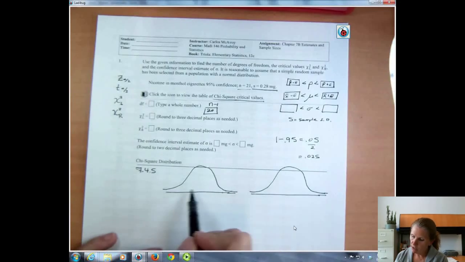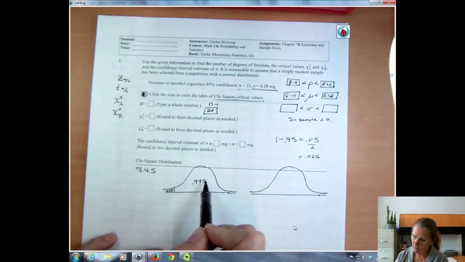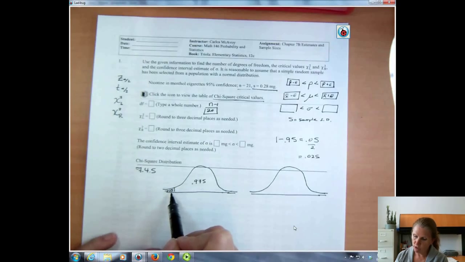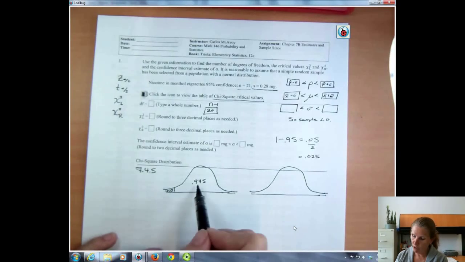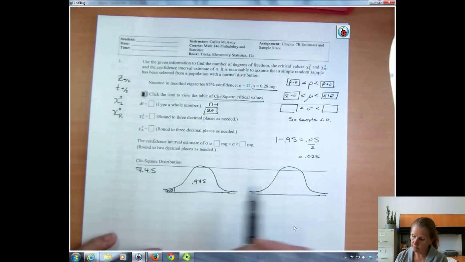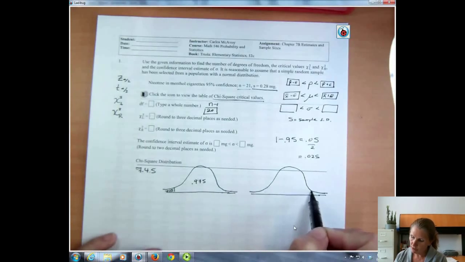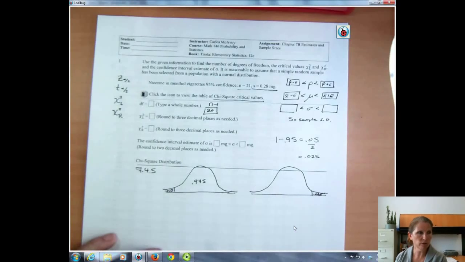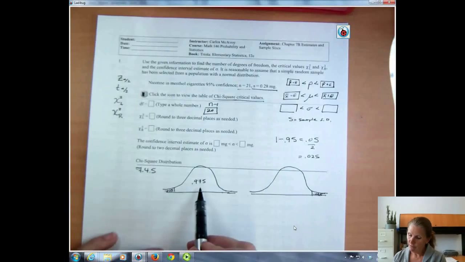In this case, where I have 0.025, what I have to the right of that is 0.975. That's just 1 minus 0.025. So I have 0.975 to the right, and over here, I have the 0.025 to the right. So that gives me two different critical values, and I want to find those using the chi-squared table.